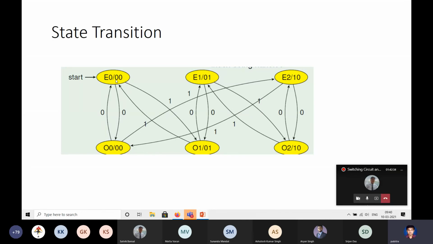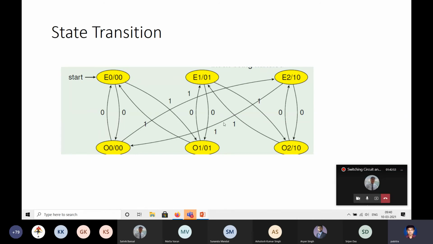You see that on input 1, 1 gets added. But it becomes O, because if the current position is even, the next position will be odd. So there is no transition from any E to any E, naturally.